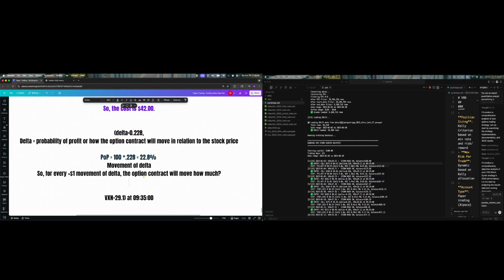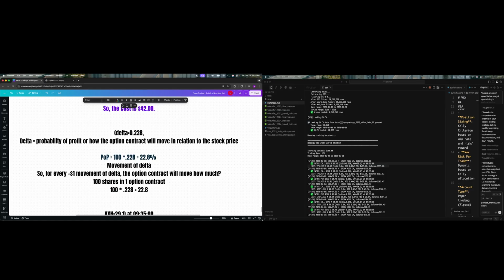Remember, there's 100 shares in one option contract. So we're going to take 100 times 0.228, and that equals 22.80.